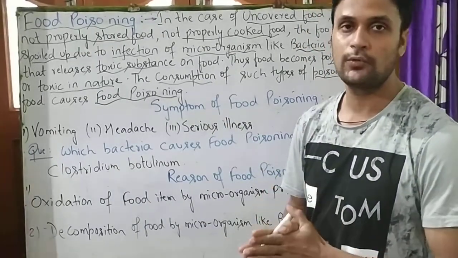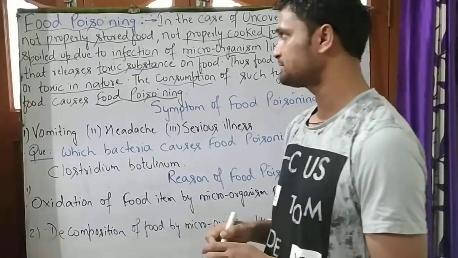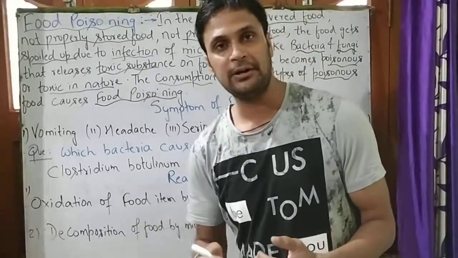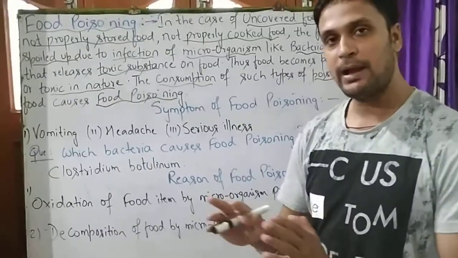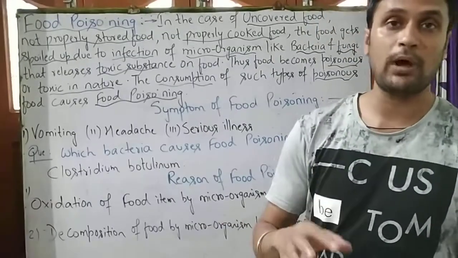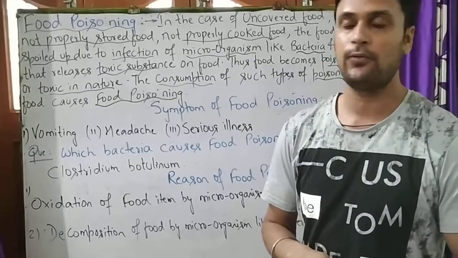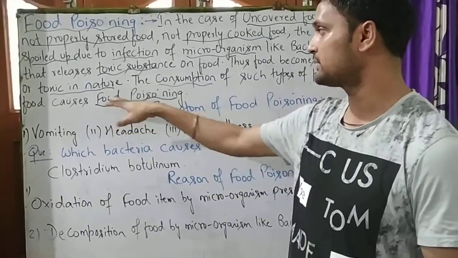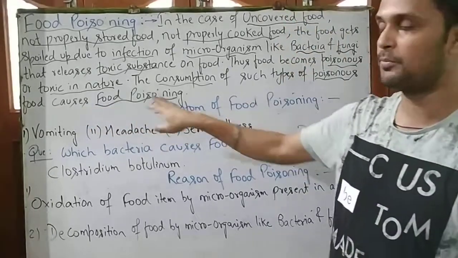Not properly stored food, not properly cooked food, or uncovered food, when infected by microorganisms like bacteria and fungi, which release toxic or poisonous substances in the food, causes food poisoning when we consume it.